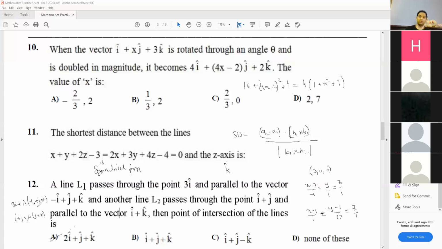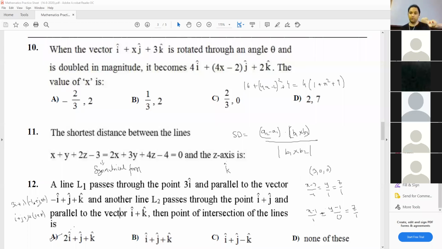So you could have also solved it this way, by hit and trial. Is this process clear to everyone? The point is already known, so you can just use hit and trial and see whether we have a value of lambda and a value of mu that gives a common point. Then that common point will become the point of intersection, instead of doing it the longer way. Hit and trial would obviously be the easier and shorter method.